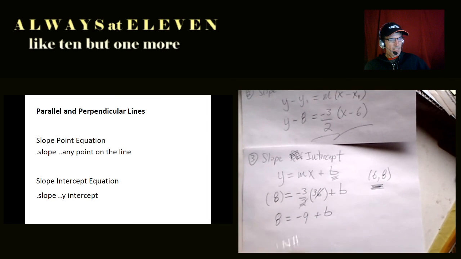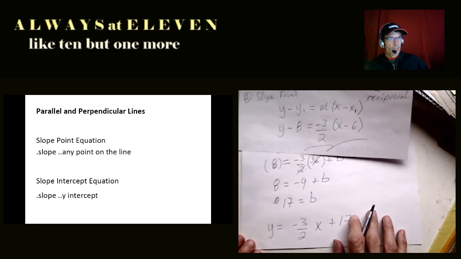And then the -9 goes over, so we'll get 17, because it goes plus, is equal to b. So the slope-intercept form is going to look like y equals -3 over 2x plus 17, as I said earlier on.